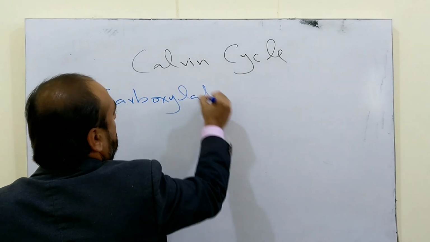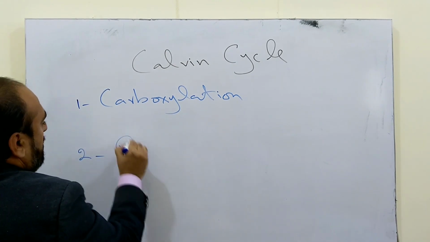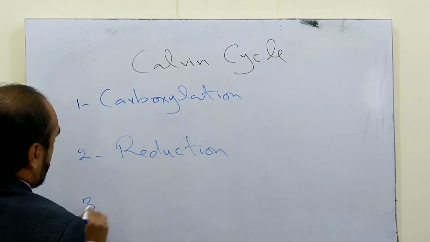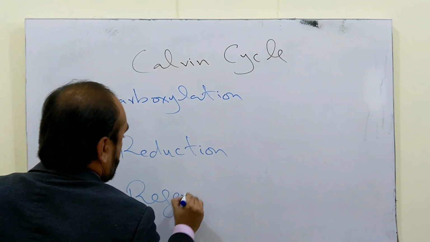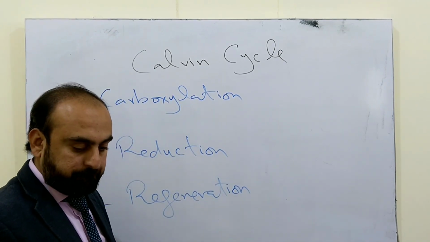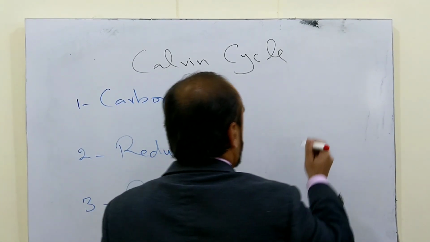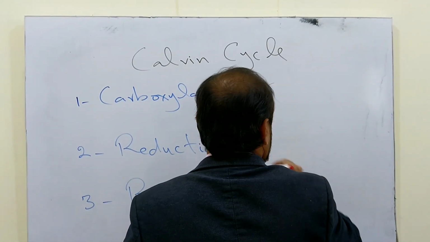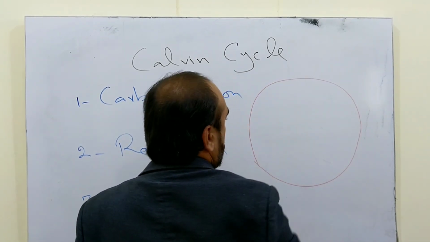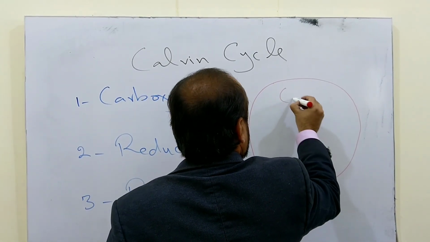We can divide this into 3 steps: carboxylation, reduction, and regeneration. Assume that it is a cycle.